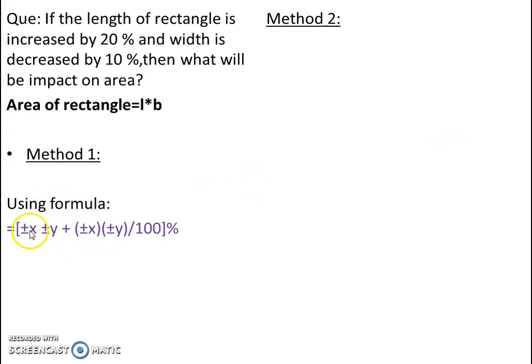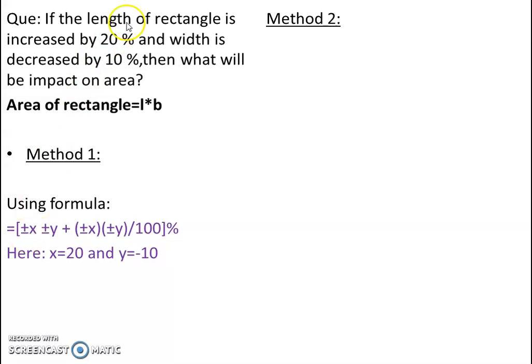As we discussed this formula in previous video of percentage: plus minus x plus minus y plus product of these two changes upon 100. So here x and y are changes made on a particular value. So here we have two signs, plus and minus. We use plus sign when there is increase, and we use minus sign when there is decrease.